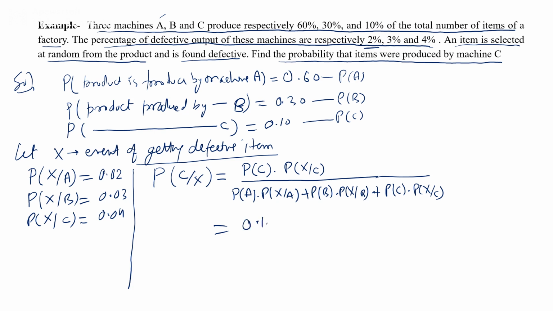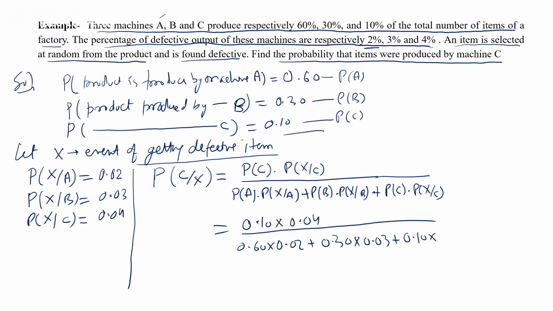We get 0.10 times 0.04 over 0.60 times 0.02 plus 0.30 times 0.03 plus 0.10 times 0.04. When we simplify this, we get 4/25. So this is the probability that the defective product was produced by machine C. Here we find the probability of the machine when the product is already found defective.